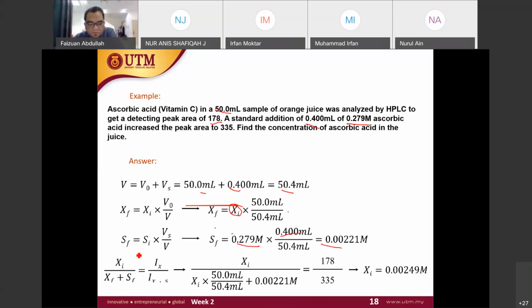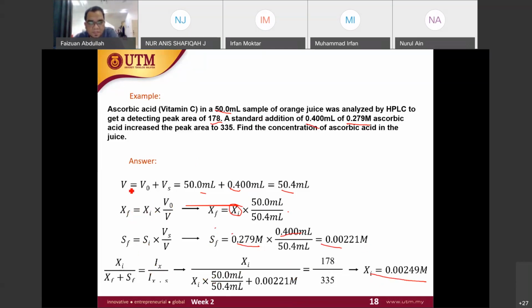So we can now calculate the Xi. We put it in the calculation, so we have Xi equal to 0.0249 molar. Xi means X initial, Xf is X final.